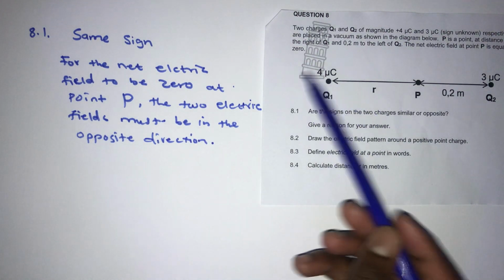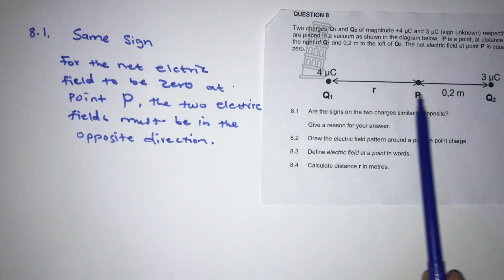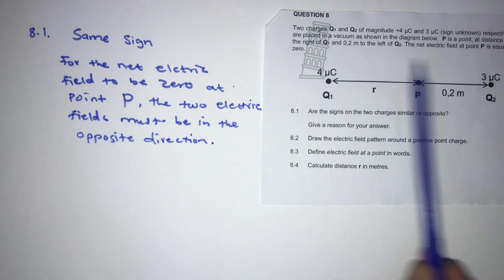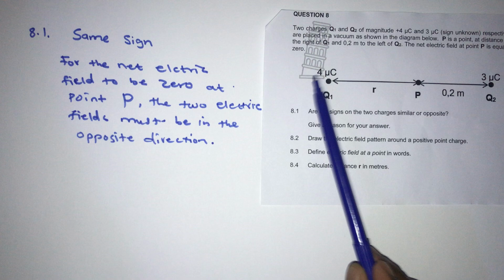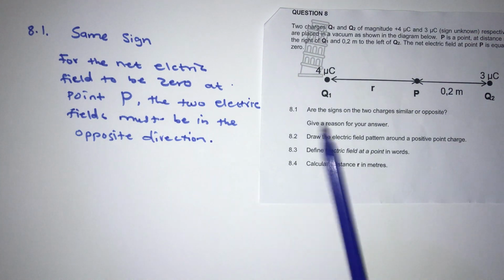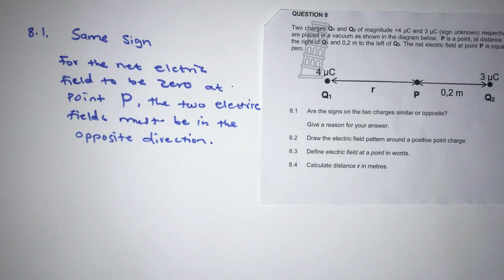So for the net electric field to be 0 at point P, it means that the electric field of these two charges must be in the opposite direction, so that when they're in the opposite direction, we subtract the one from the other, so the answer is going to give us 0. Because the one is positive, the other one is negative, right?